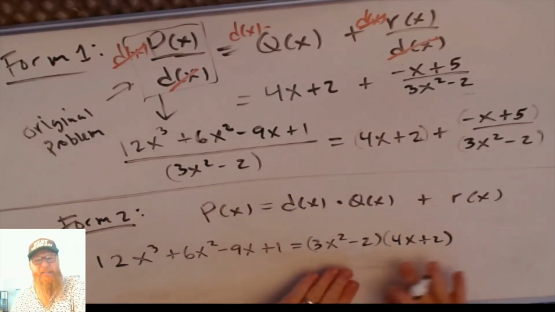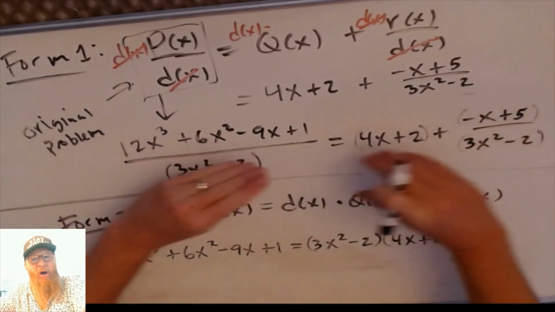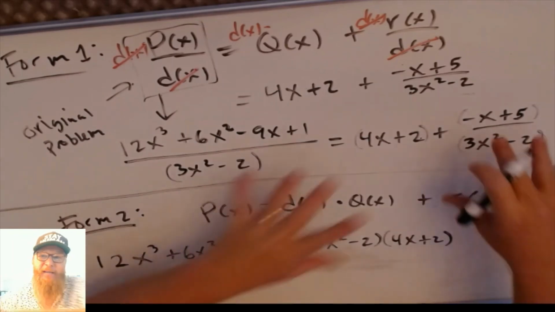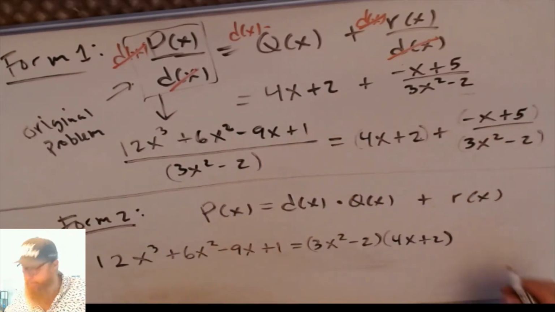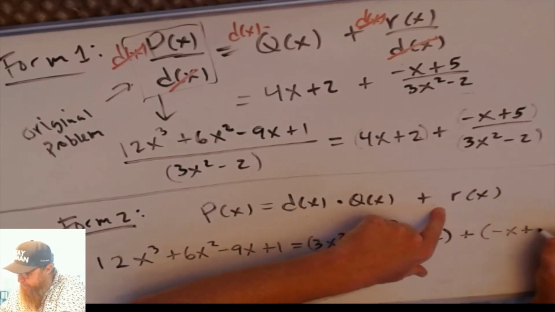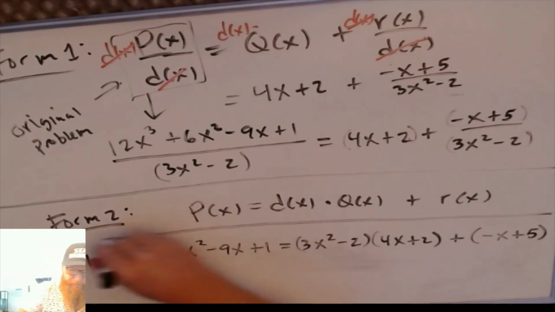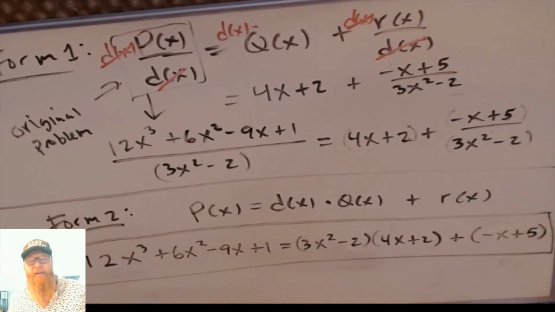When you use this form, you definitely need the parentheses. In form 1 up here, the parentheses were just kind of for show. I didn't really necessarily need them. And then plus r of x, which is negative x plus 5. And so that's the form 2, or the almost factored form.